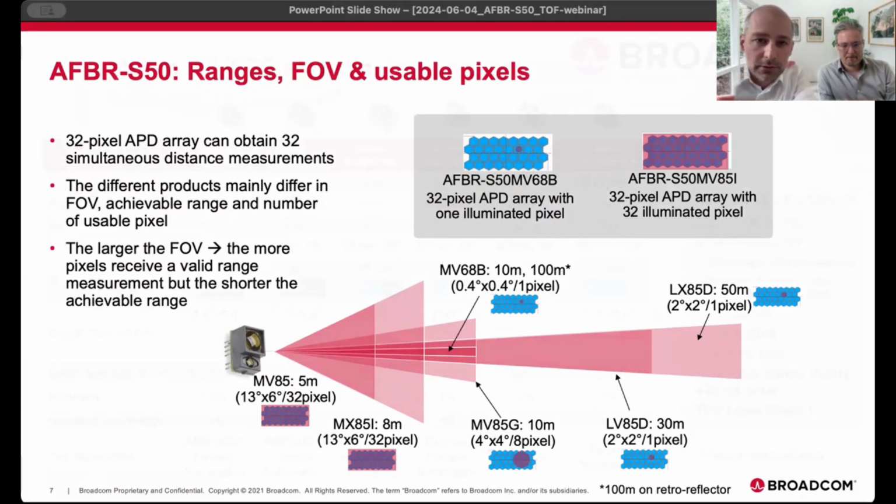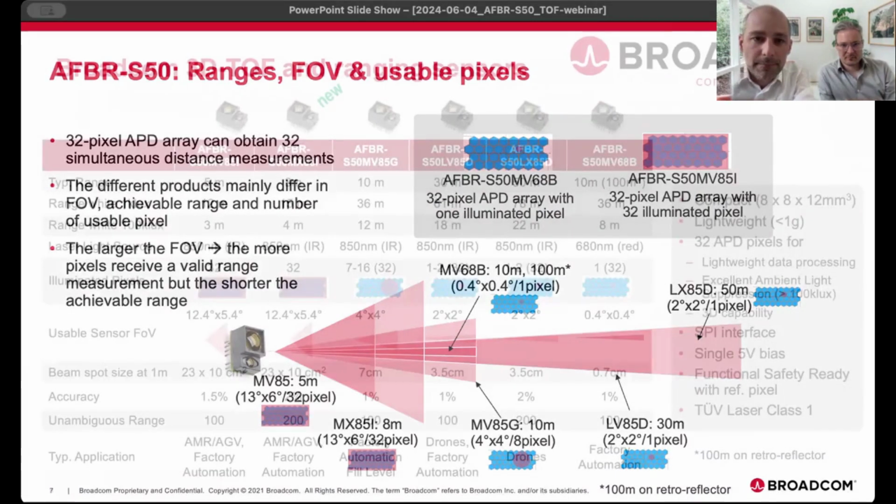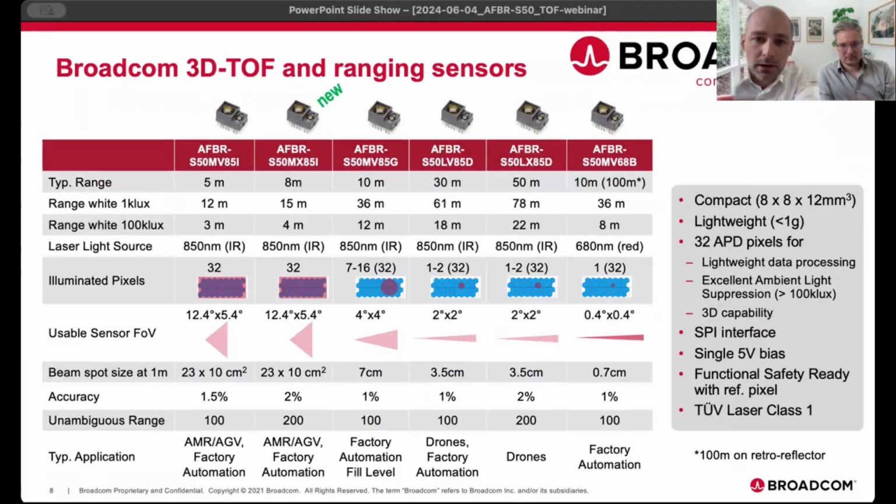And all this is shown in our product overview. You see the typical ranges we talked about before, for the largest field of view variants, 5 and 8 meters. We have one sensor in between with 10 meters and can go up to 50 meters and beyond. And one very special sensor is, as said before, the 680 nanometer sensor with the smallest field of view.